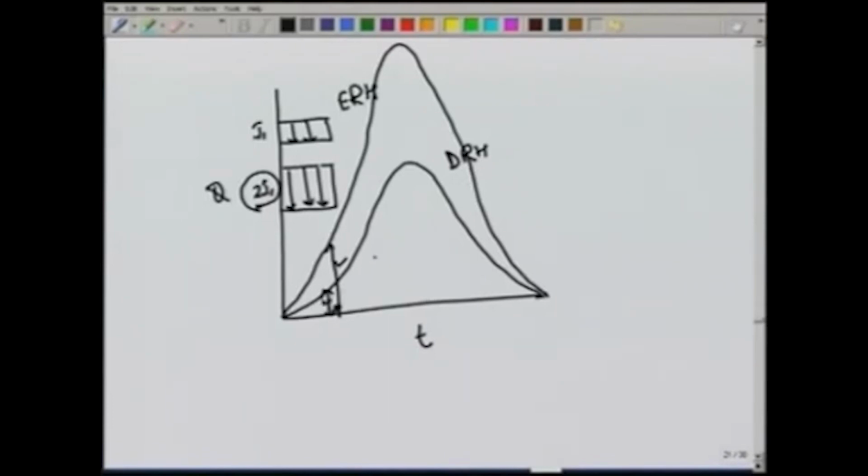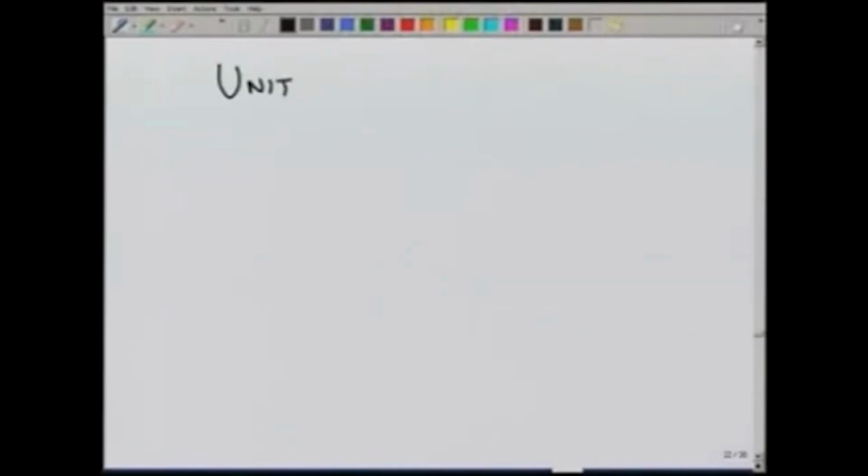So, the principle of linearity and time invariance, they help us in analyzing a lot of different kinds of storm patterns in order to arrive at the corresponding DRH. And one of the most important theories which is used is known as the unit hydrograph theory.